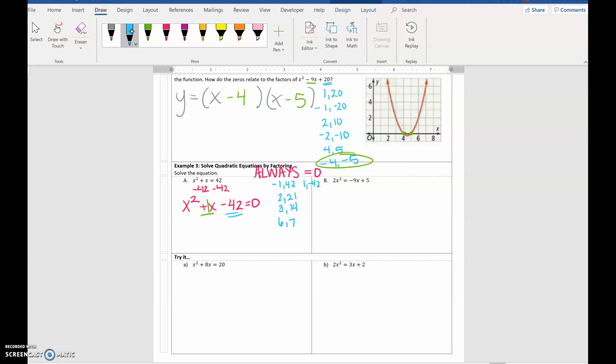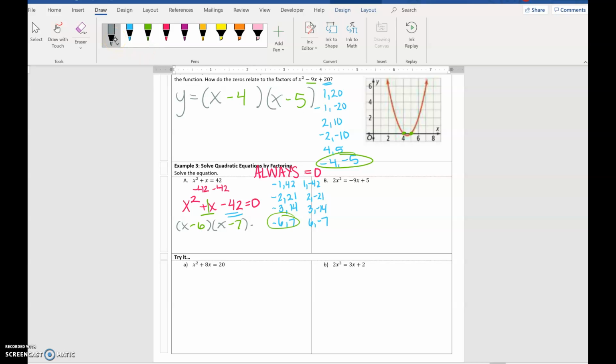And then we could also have 2, negative 21, 3, negative 14, 6, negative 7. So those are all our multiples to get negative 42. And then we're going to look for a positive 1. So that would be this one here. So now my factors would give me x, and then we just write in the minus 6, minus 7.